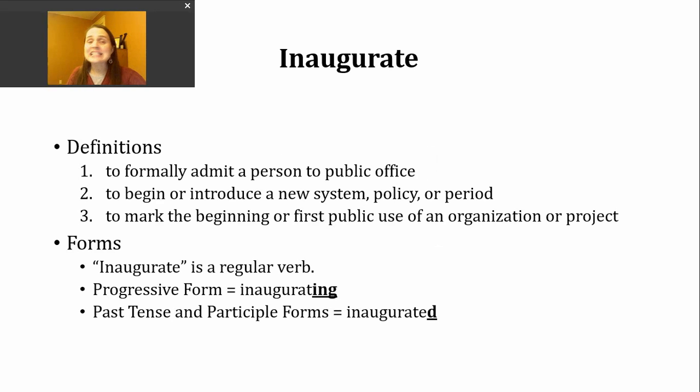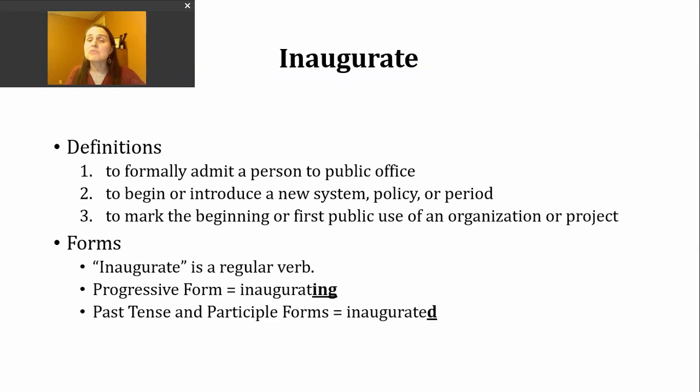Now, I think this is the main usage that is going to be used a great deal if you are following U.S. news this week. So you're going to hear about a new president formally becoming the president. So formally being admitted to this particular role or public office.